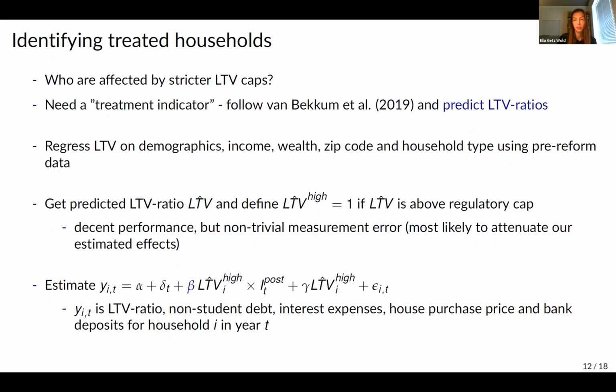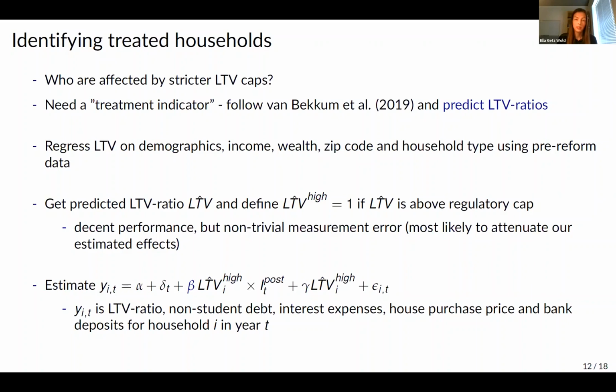And we define a dummy variable, LTV hat high, which is equal to 1 if the predicted LTV ratio is above the regulatory cap. Now we can test how this measure does in non-reform years, and the performance is okay. But there's definitely some non-trivial measurement error. That's just something to keep in mind, that it's most likely to attenuate our estimated effects.